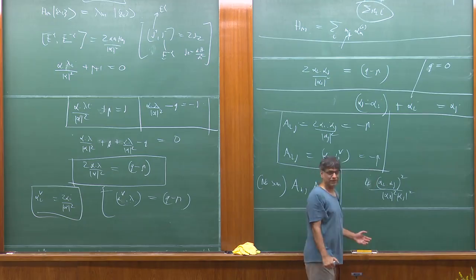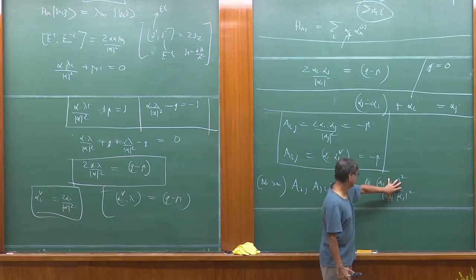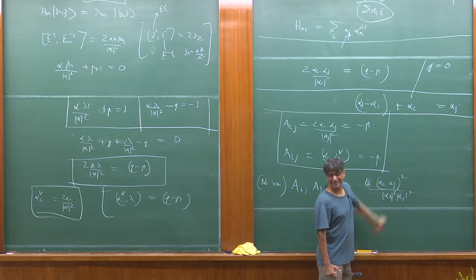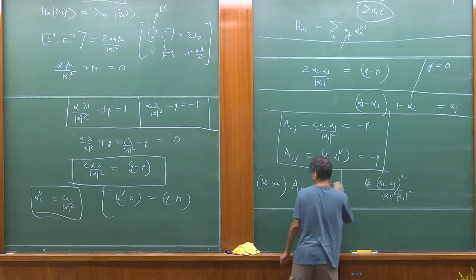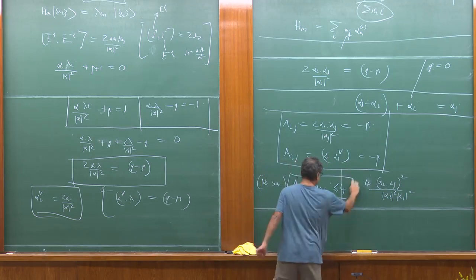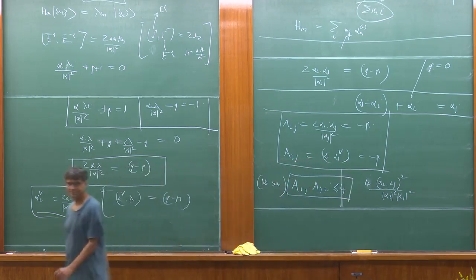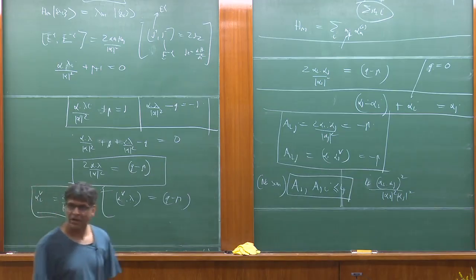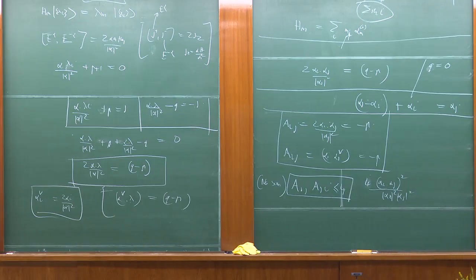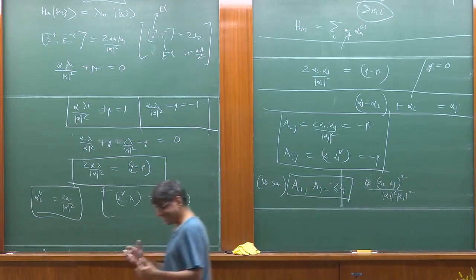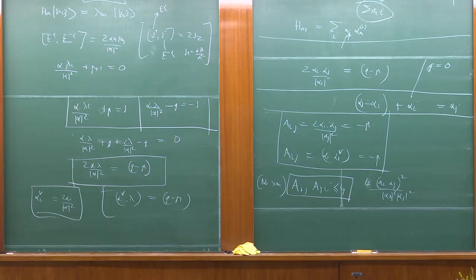But the Cauchy-Schwarz inequality tells us that this quantity is less than or equal to 1. So this quantity is less than or equal to 4. Clear? So these Aij's have the property that Aij times Aji is less than or equal to 4.